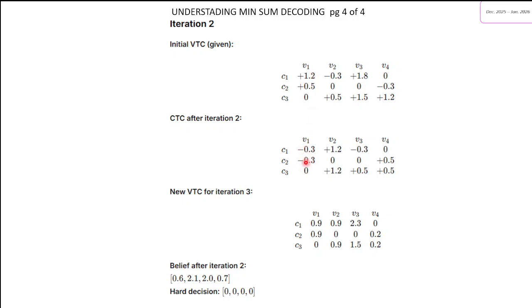Similarly minus 0.6 plus 1.2 should give you plus 0.6, which is correct. So this first row is taken as an initial LLR and summed with these columns.